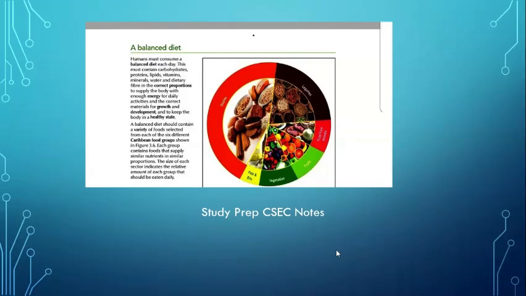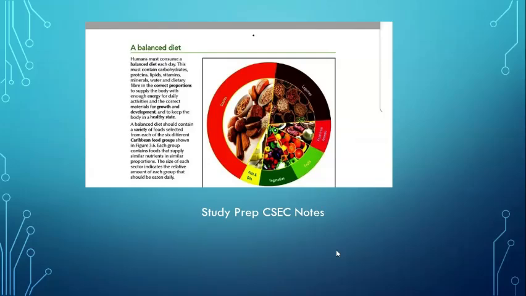Anyways, this is the last piece of note that we have on nutrition, which is a balanced diet. Humans must consume a balanced diet every day. This could include starch, legumes, fruits, vegetables, fats and oils, staples, and food from animals.